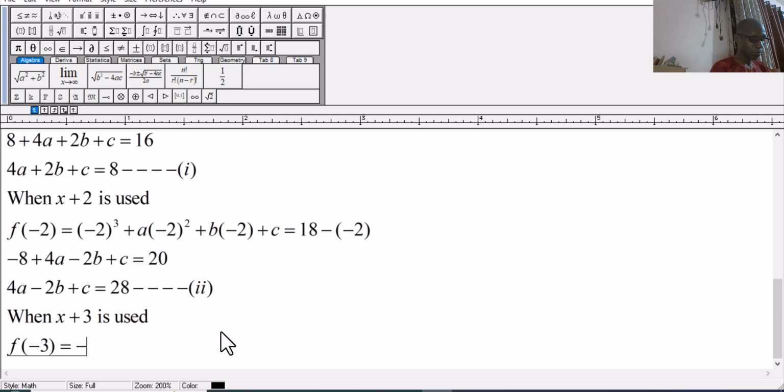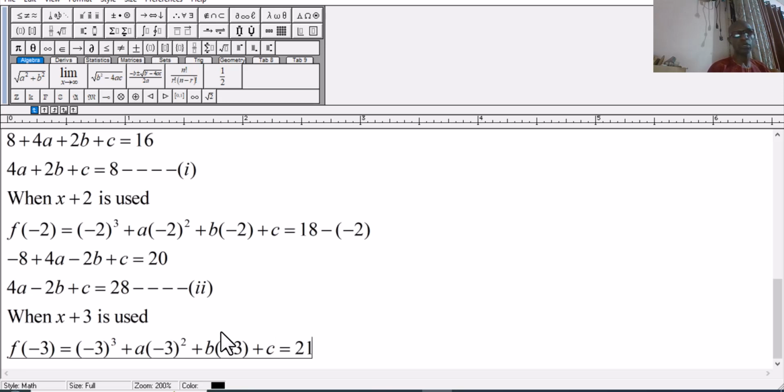So we have minus 3 all cubed plus a times minus 3 all squared plus b times minus 3 plus c is equal to 21.